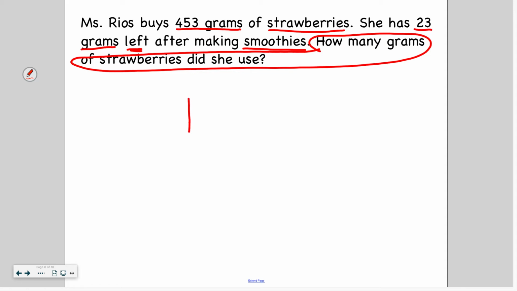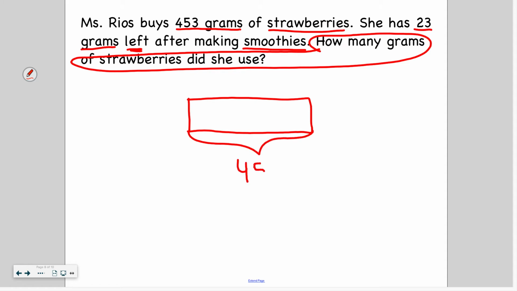All right, so I'm going to use a tape diagram. You don't have to use a tape diagram, but I just like to use tape diagrams to model. I know the total amount she started with was 453. She uses a certain amount that we don't know yet, and she's left over with 23 grams.